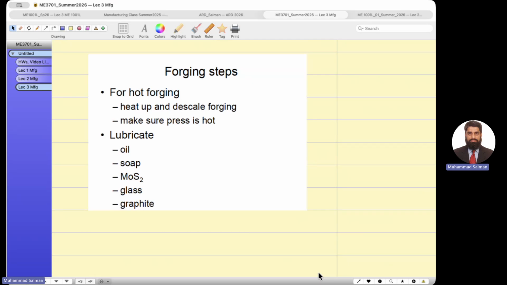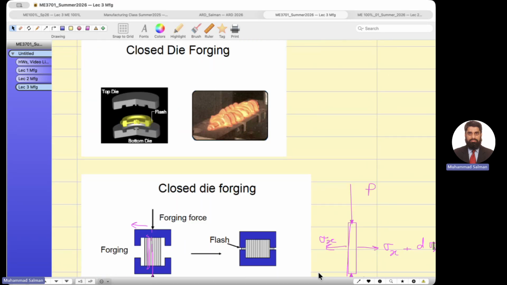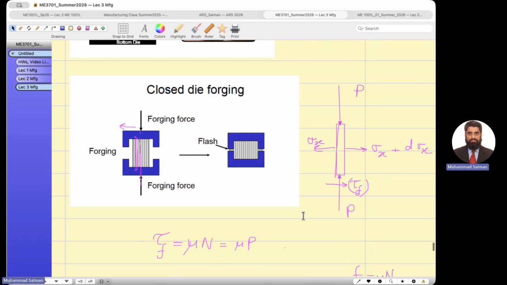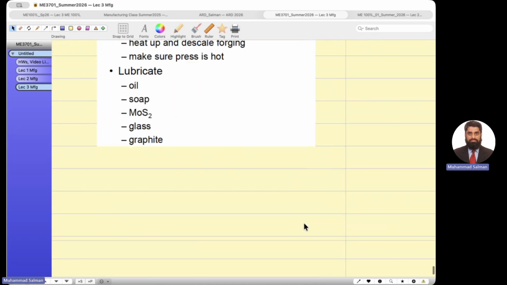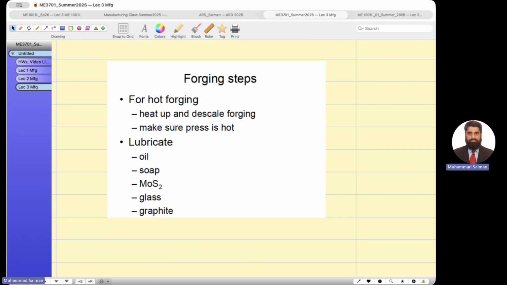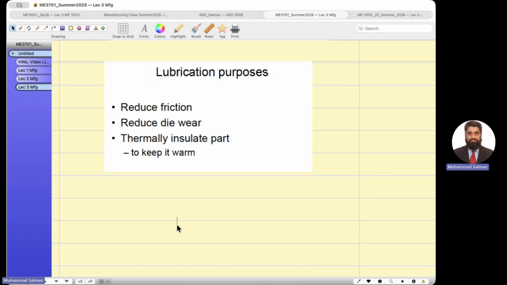Lubricate, we also use lubricating oil to reduce friction. Friction plays an important role. You will see in the analysis this tau of flow is reduced when you have less friction between the hammer surface and the forging surface. We want to reduce that friction. Lubrication reduces friction, reduces die wear, and thermally insulates the part to keep it warm.